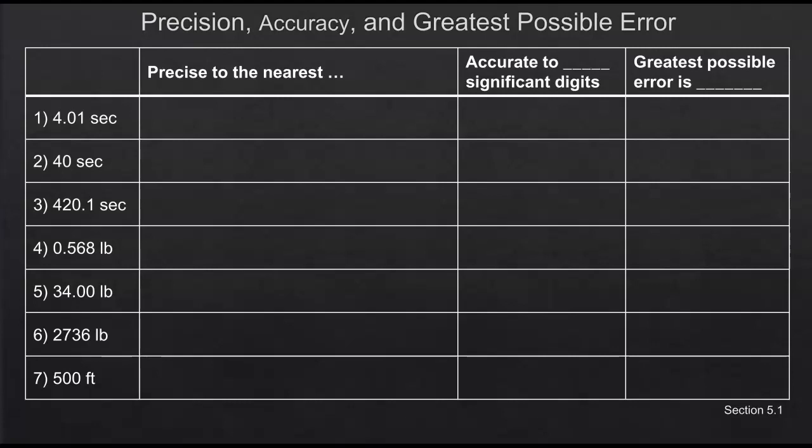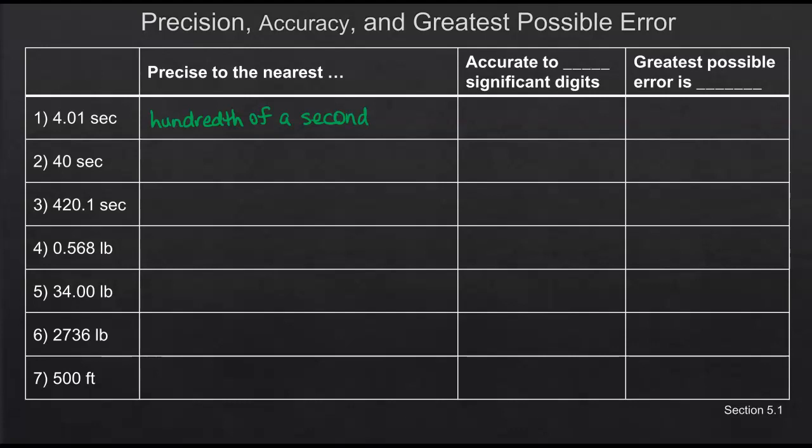Okay. So as we look at this, we see that we have 4.01 seconds, and that is precise to the nearest hundredth of a second. Now you have to talk about seconds here because we are talking about the nearest hundredth of a second.